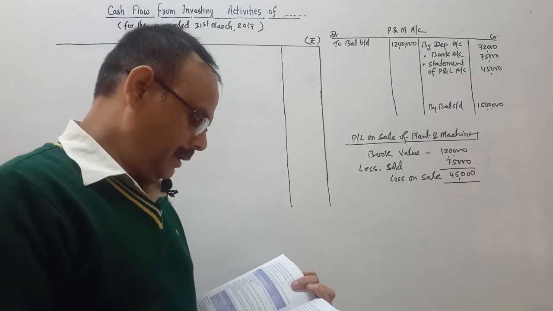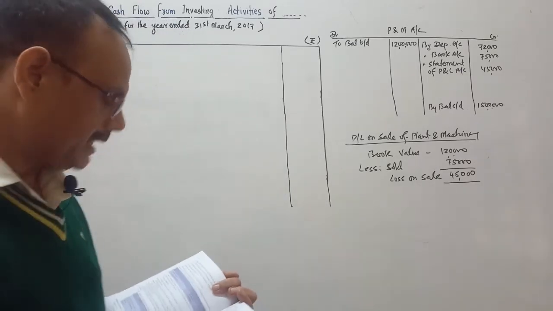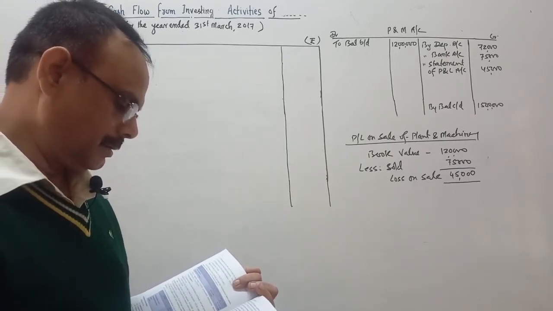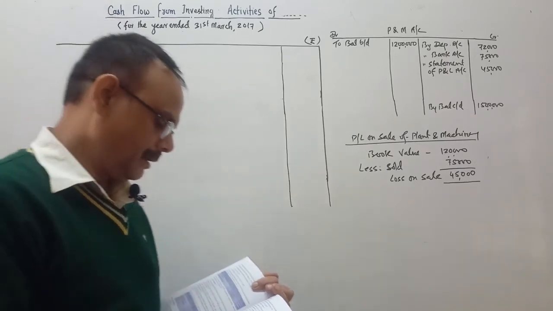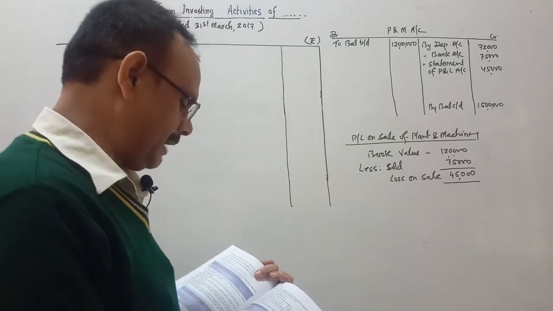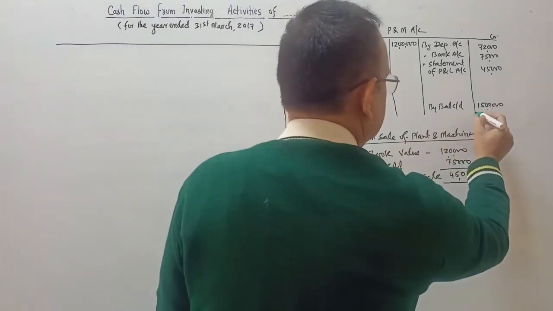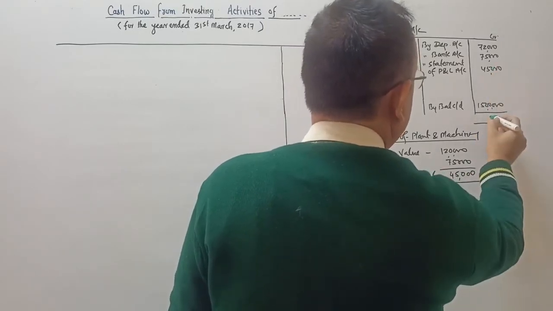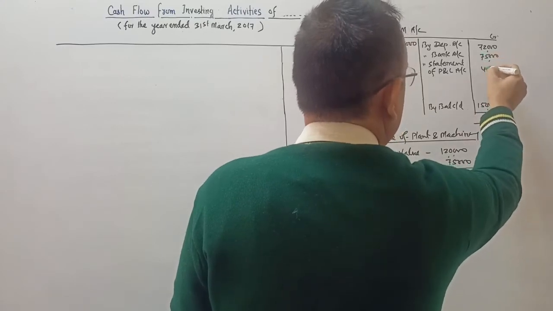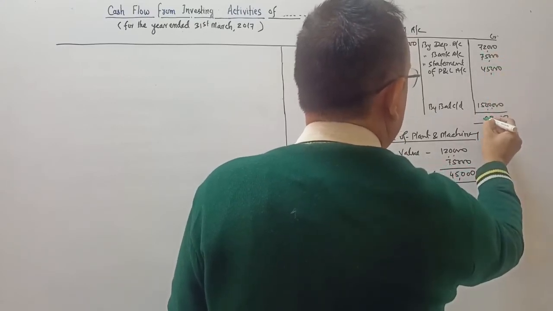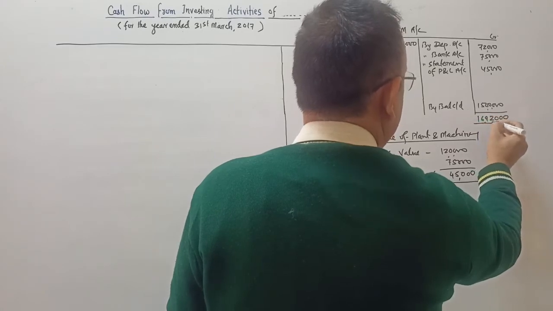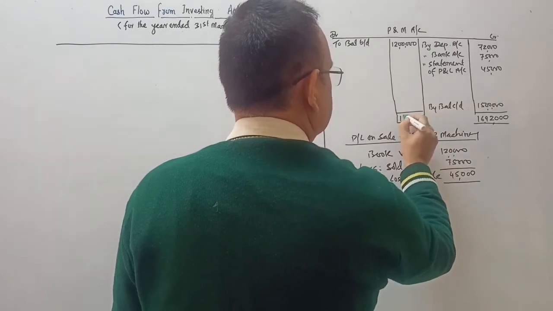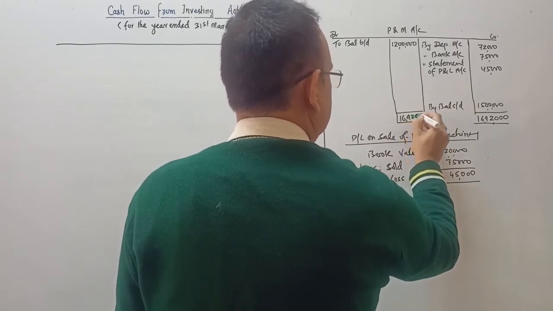Is there any other information regarding the plant and machinery? No, that's it. Depreciation is given, sold for rupees 75,000, and the loss I have written. So do the total of this side: 16 lakhs 92,000 is the total.